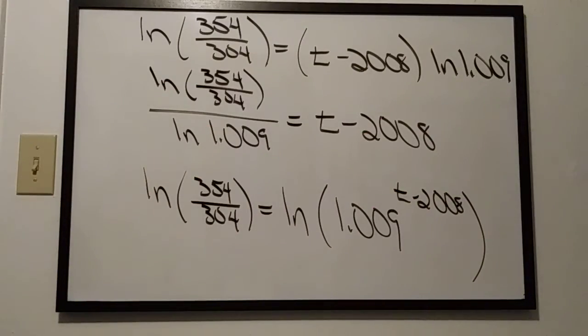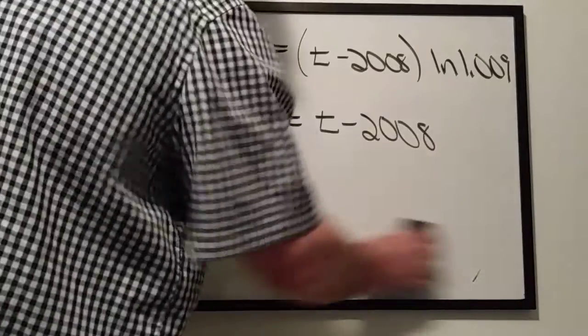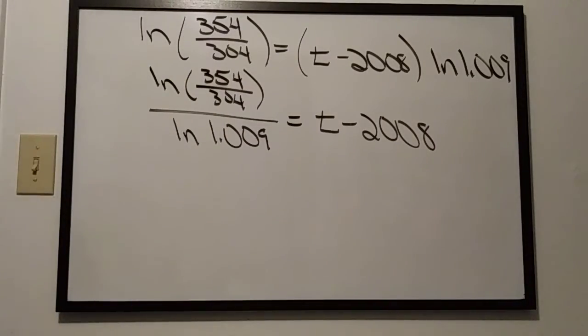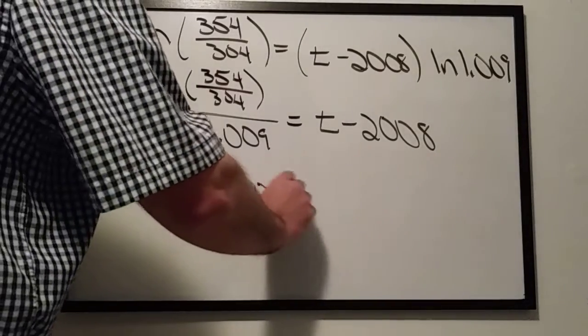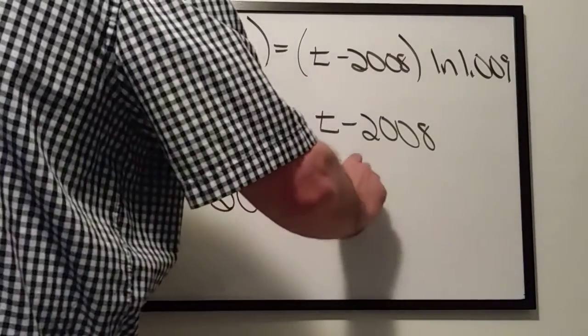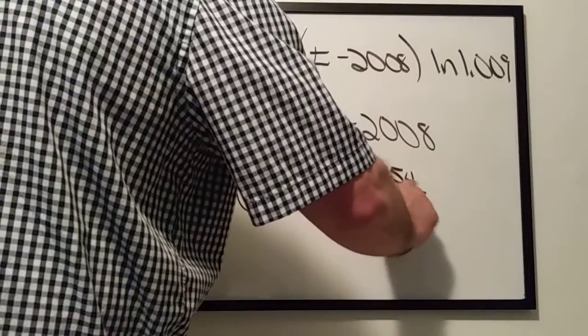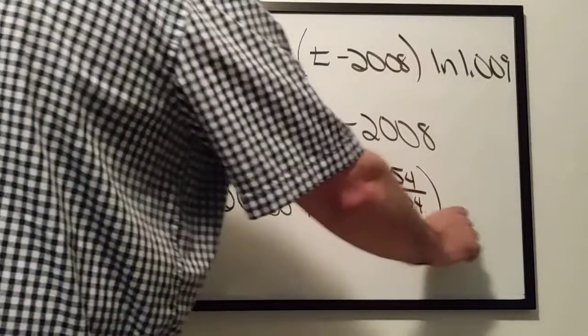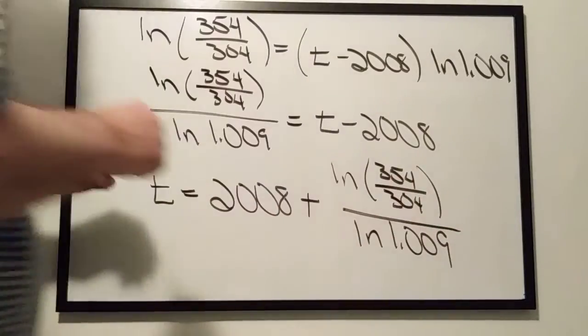So now I said that my t is more alone, but it's not fully alone. So in order to get that t completely alone, I need to add 2008 to both sides. So my t is going to be 2008 plus this big old fraction, the natural log of 354 divided by 304, all divided by the natural log of 1.009.